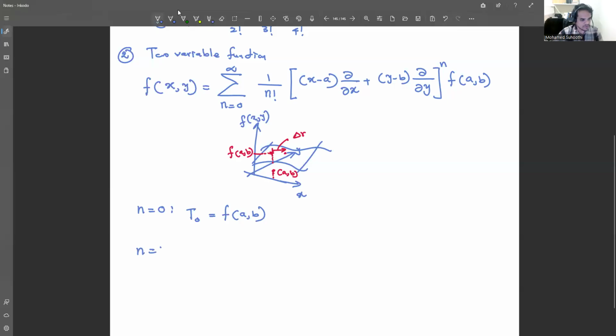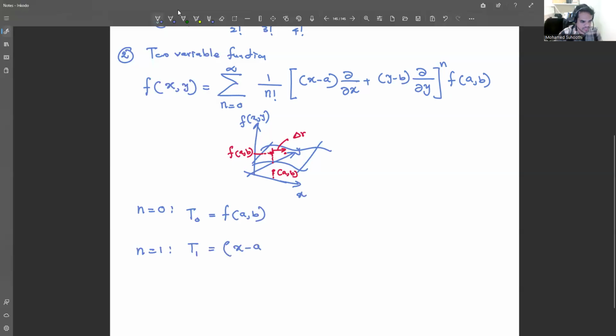Then n equals 1. That is your first term. This is the constant term, and this is the first order term, which will be 1 over 1 factorial, so this is also 1. Therefore, just the bracket, and f of (a, b) is outside. Just simple elimination of the bracket, you can take f of (a, b) inside the bracket.